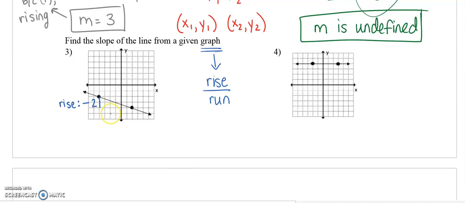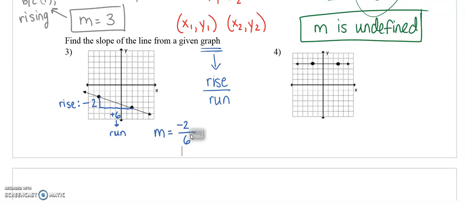Okay, then I count how much I'm going left or right, and that's my run. Left is negative, right is positive. So this is to the right, 1, 2, 3, 4, 5, 6. So that would be a positive 6. And again, that's going to be my run. So to calculate my slope, I'm going to go rise over run. That's negative 2 over 6.